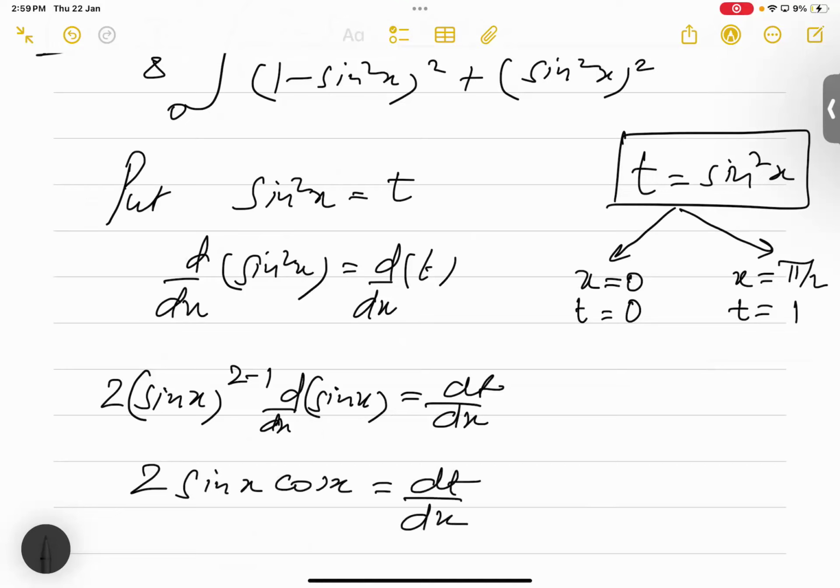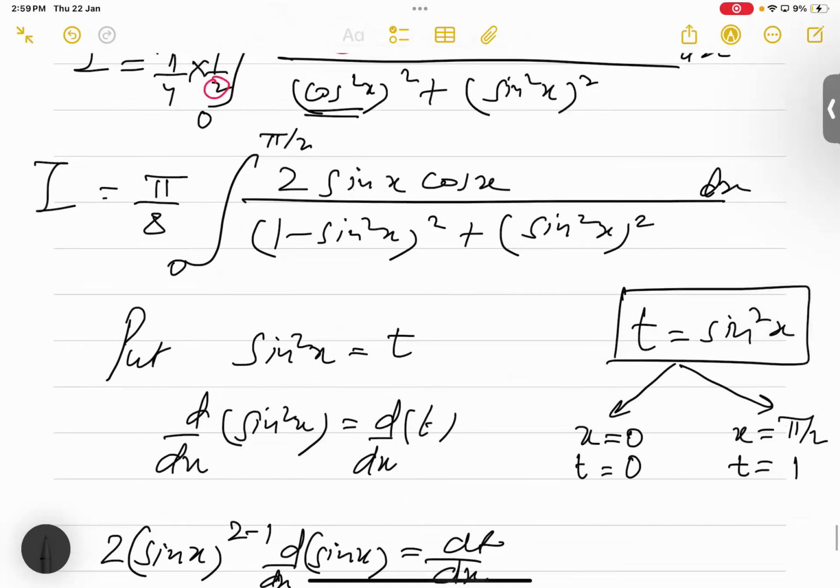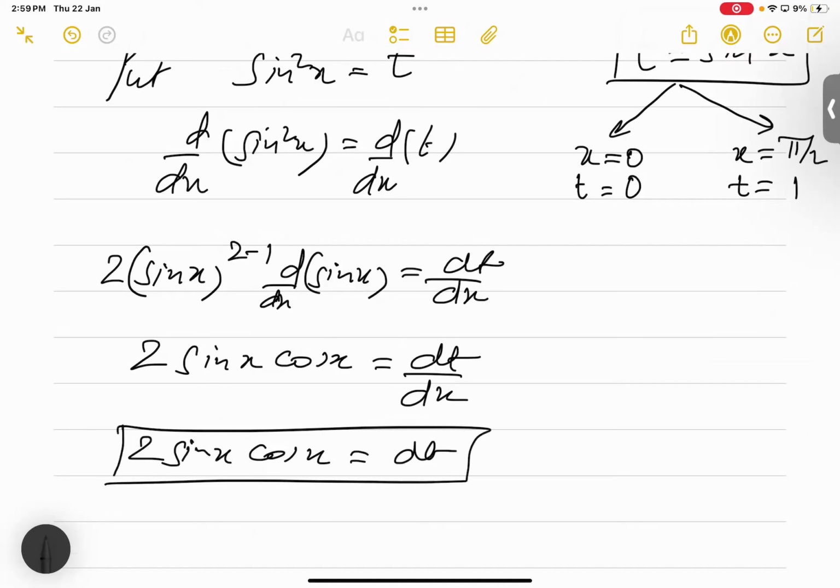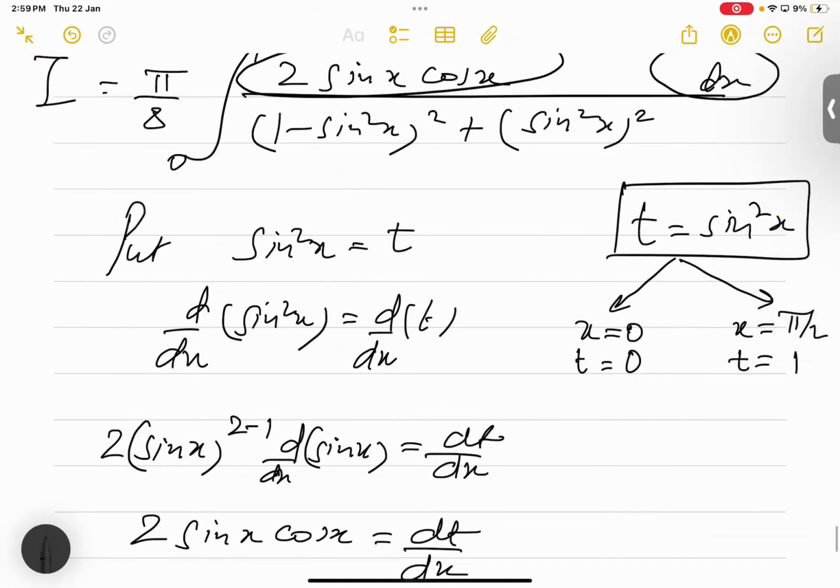So 2 sin x cos x is equal to dt by dx. Do we have 2 sin x cos x? Yes. See? 2 sin x cos x dx is going to be dt.